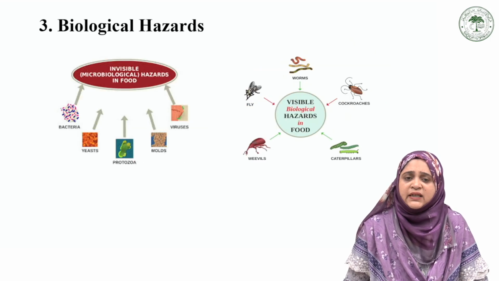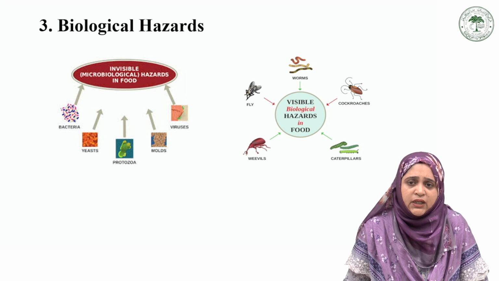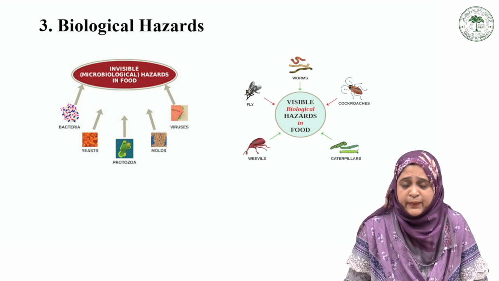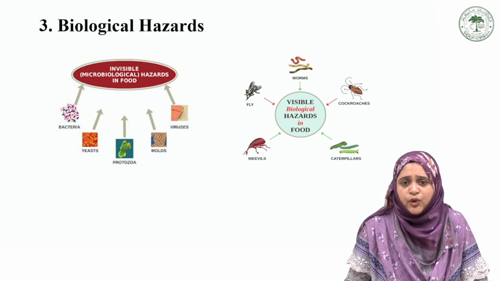Now, the next one is biological hazards. Biological hazards are living organisms and include mainly microbiological organisms. Those microorganisms which are associated with food and cause diseases are termed foodborne pathogens. There are two types of foodborne diseases from microbial pathogens, infectious and poisoning.